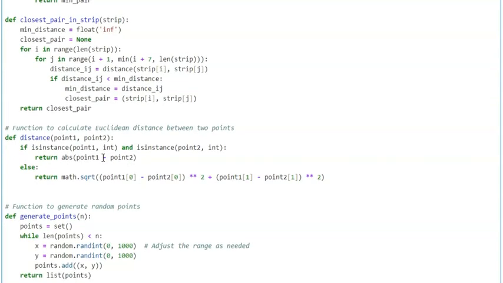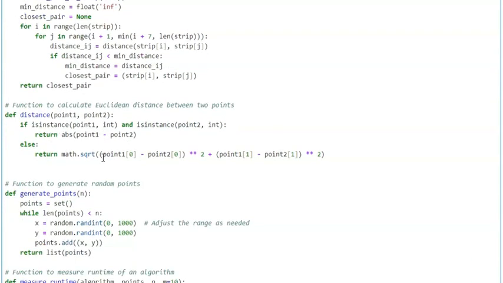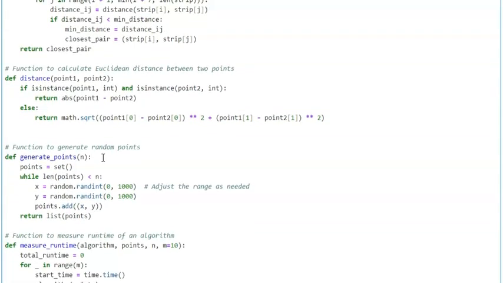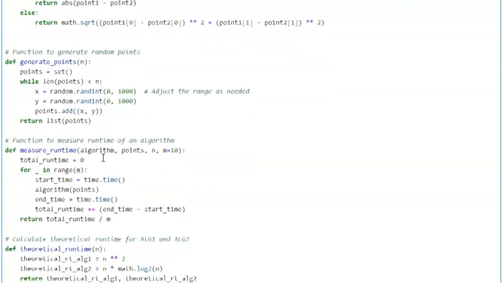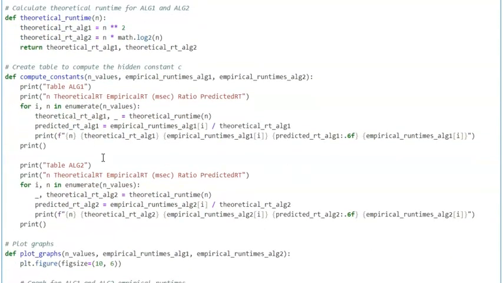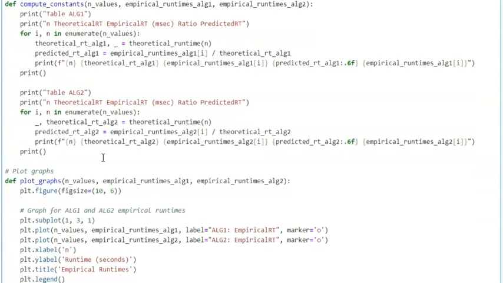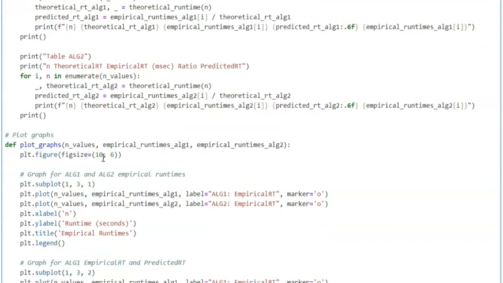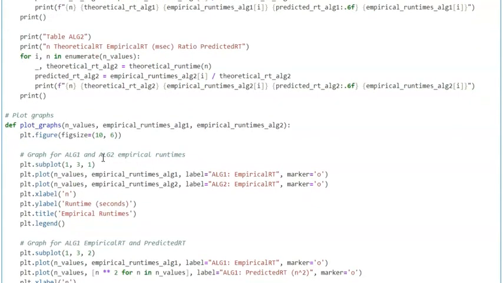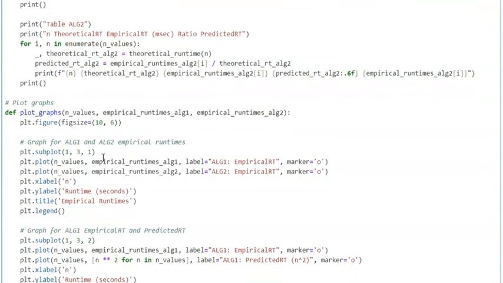Then we compute the hidden constant c, and we are plotting graphs for both the algorithms with their empirical runtimes and the predicted runtimes.